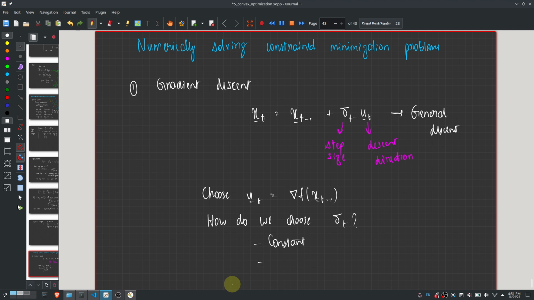In general, that's not a good choice. The other way is to choose delta t to be some fixed function of t. A natural choice is to make delta t large initially and make it smaller and smaller as time progresses. For example, you choose delta t to tend to 0 as t tends to infinity, maybe delta t equal to 1 by t plus 1. That is one choice.